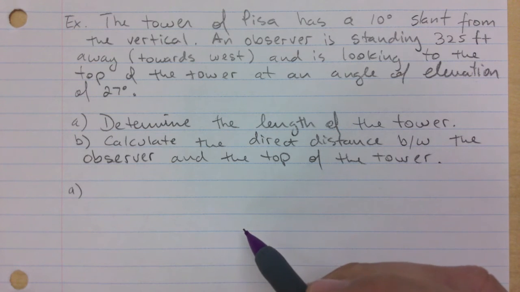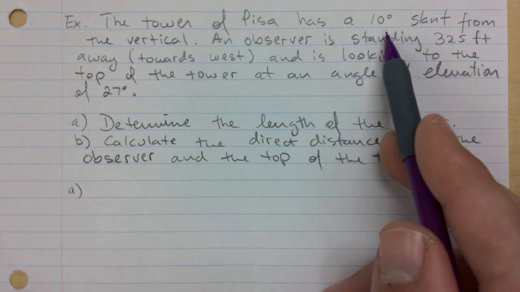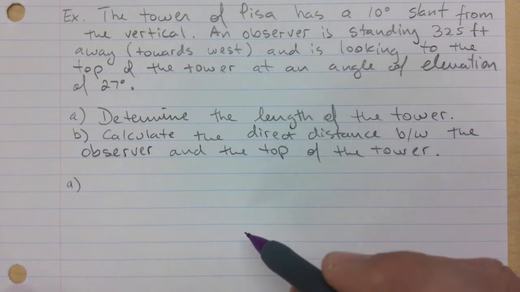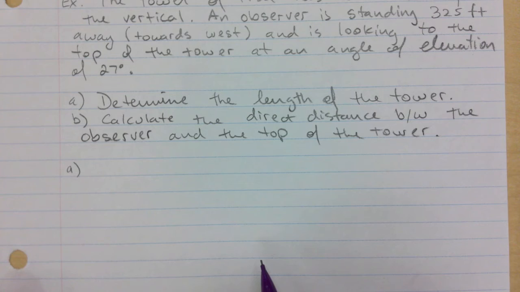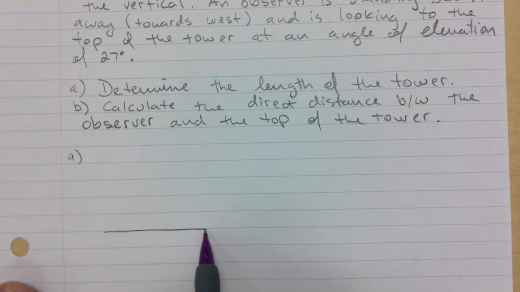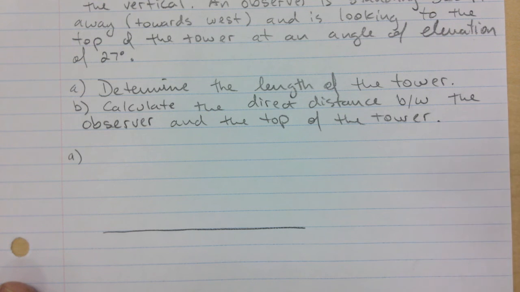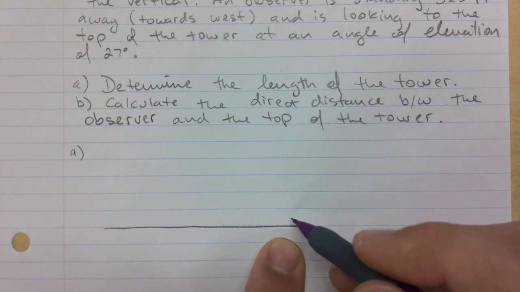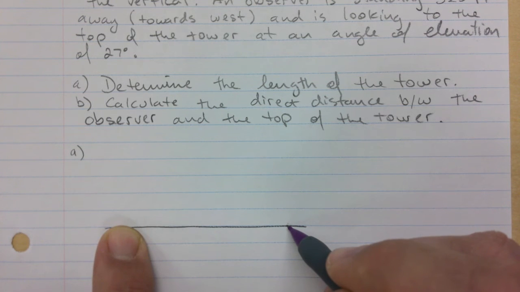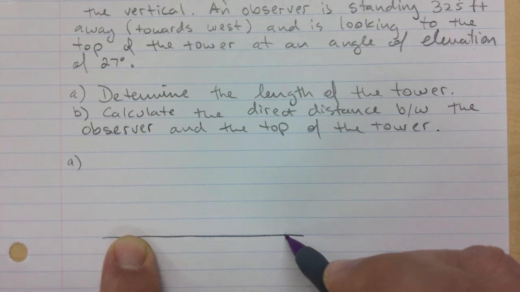So the tower has a 10-degree slant from the vertical, it's saying. What does that mean? Well, imagine for a second here that this is the ground, right? This is the ground here. And the tower is standing because the observer is to the west of the tower, right? If you read it.